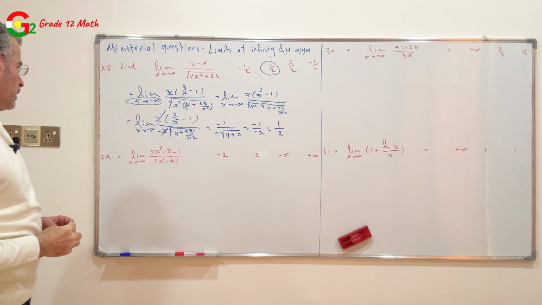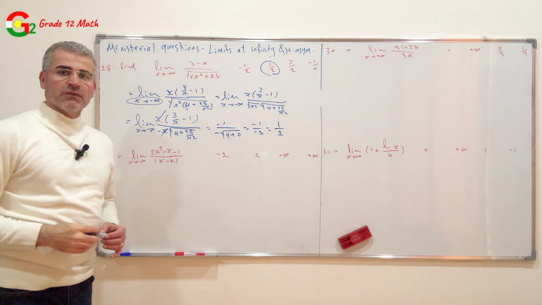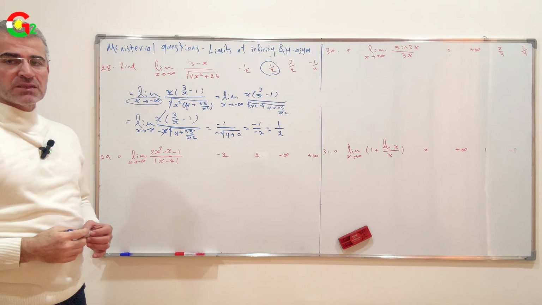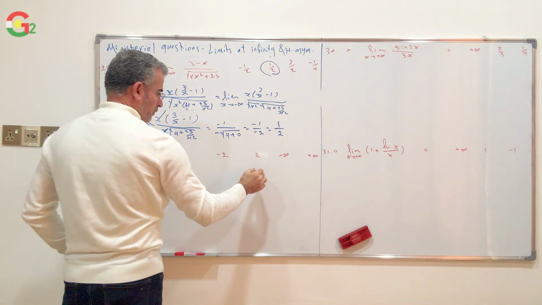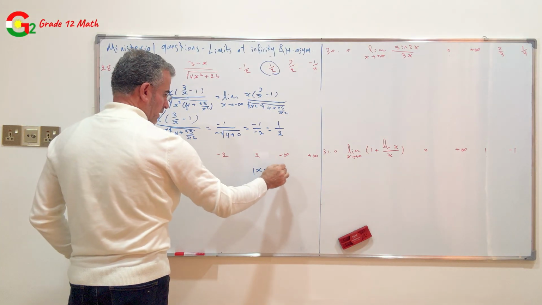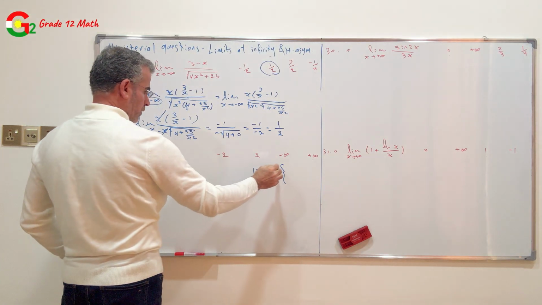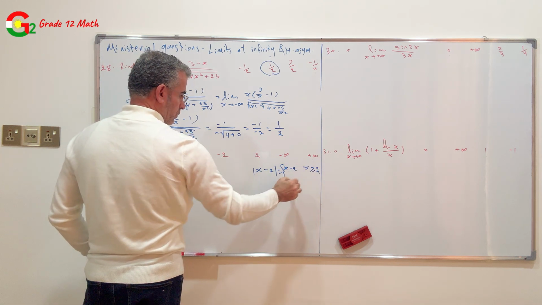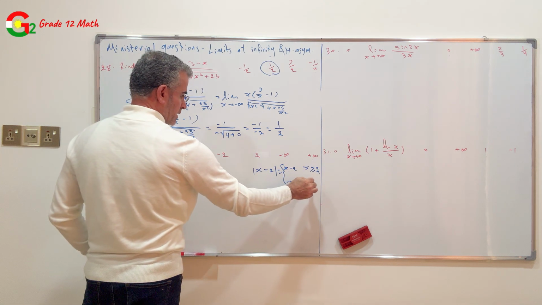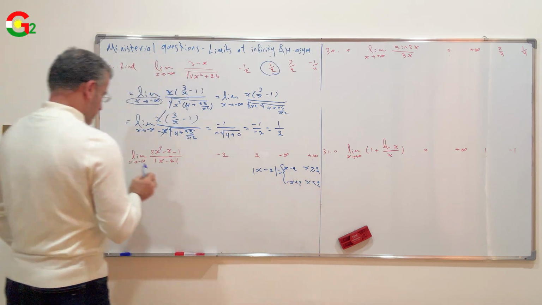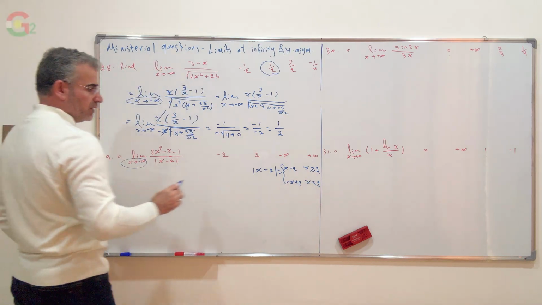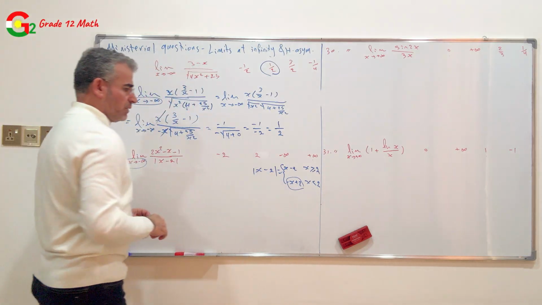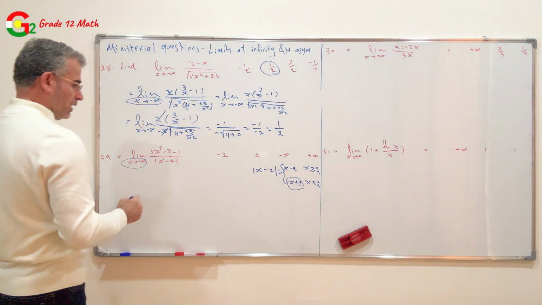Question number 29. Find limit x approach to negative infinity for 2x power 2 minus x minus 1 over absolute value x minus 2. Remove the absolute value by the definition: absolute value x minus 2 equal to x minus 2 when x greater than or equal to 2 and negative x plus 2 when x less than 2. Since x approach to negative infinity, it is less than 2, therefore absolute value x minus 2 equal to negative x plus 2.